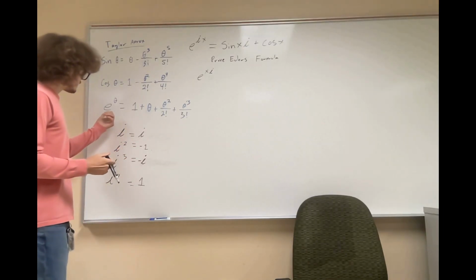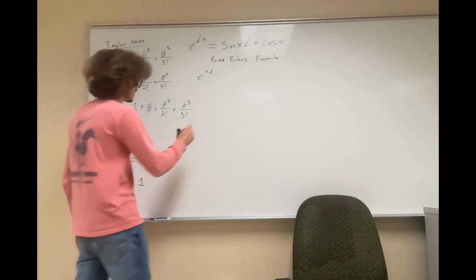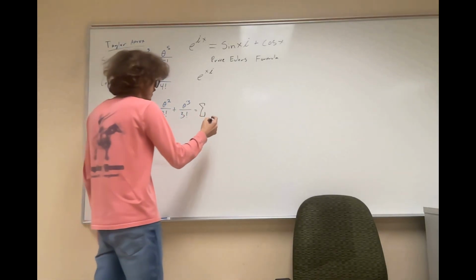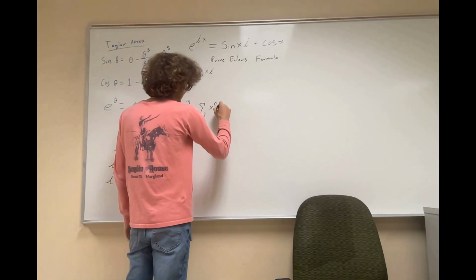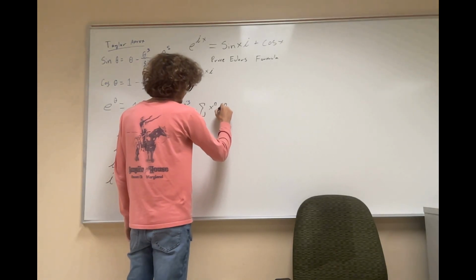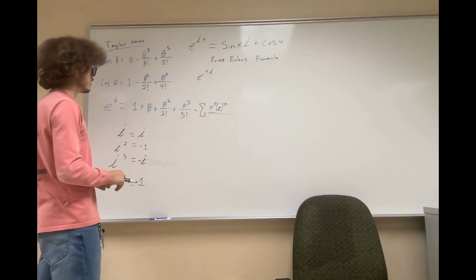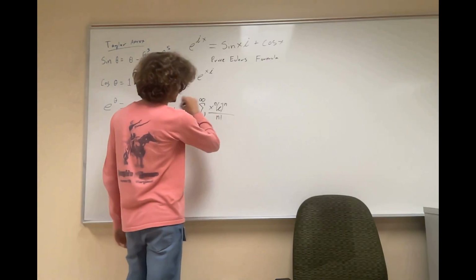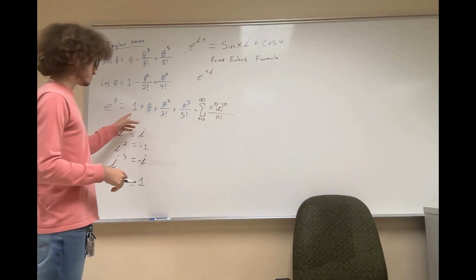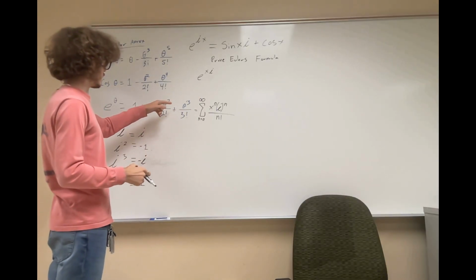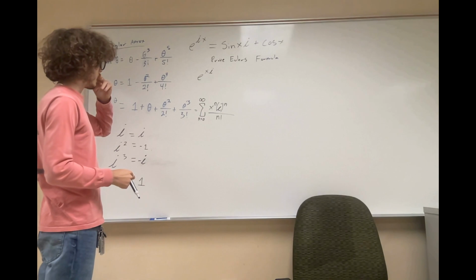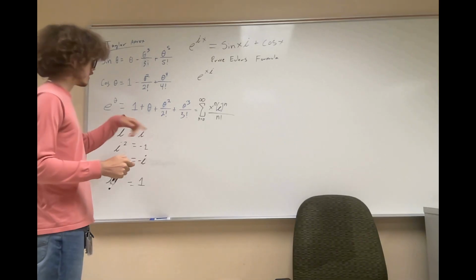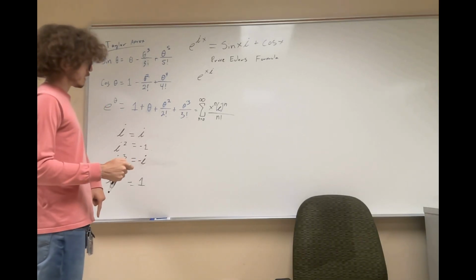The general formula would be the sum of, and instead of talking about theta, let's talk about x, x to the n, i to the n, over n factorial, where we start at n equals 0 and go to infinity. Let me just make sure I have that right. Yep, over n factorial, that looks right. So yep, we have x.